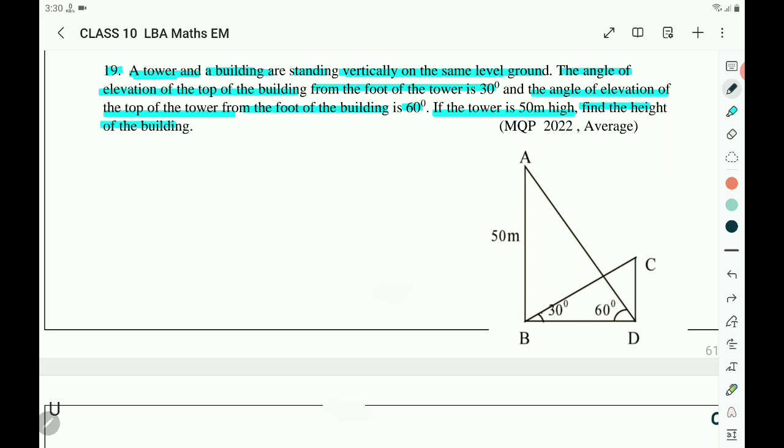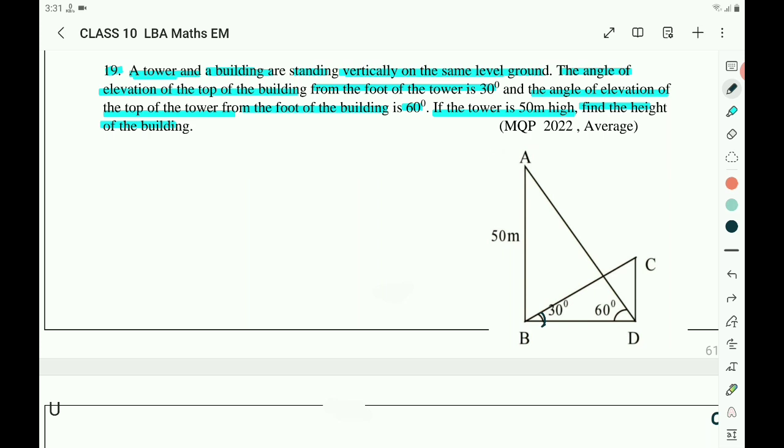Then the angle of elevation is 30 degree. Similarly, the angle of elevation of the top of the tower from the foot of the building is 60 degree. And the height of the tower is given. We have to find the height of the building. Here CD is the building, AB is the tower. We have to find out the height of the building.